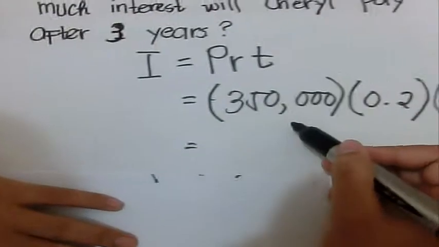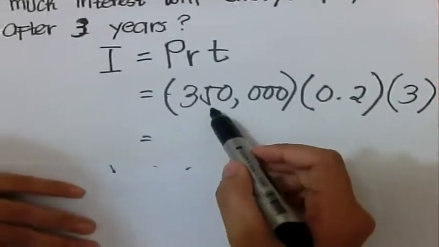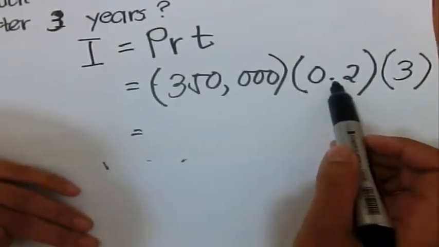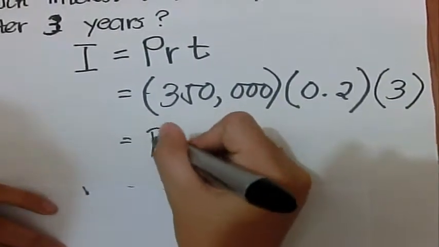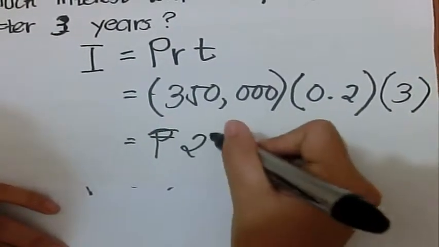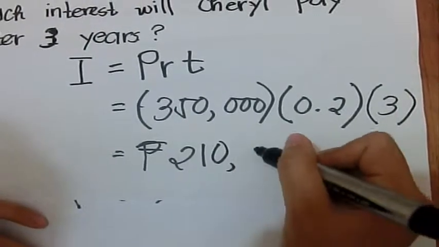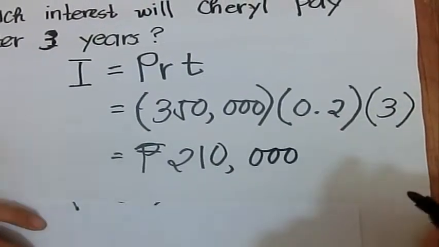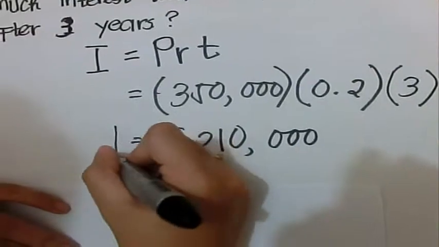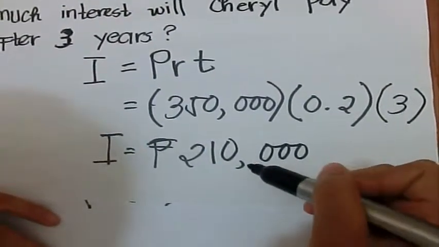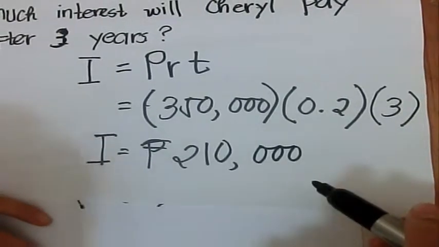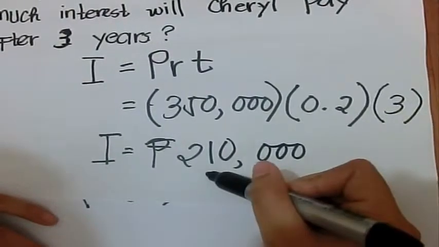And then, multiply it. So, 350,000 times 0.2 times 3 is equal to 210,000 pesos. So, this is now the interest that Cheryl will pay from Bank 2 after 3 years.